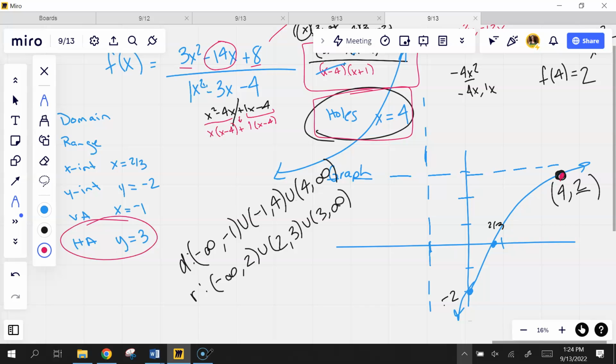The asymptote is at y equals 3. There's another piece up here. You see it right here? So the big thing here is pulling this all together for the graphs, and it looks like our domain and range is showing.